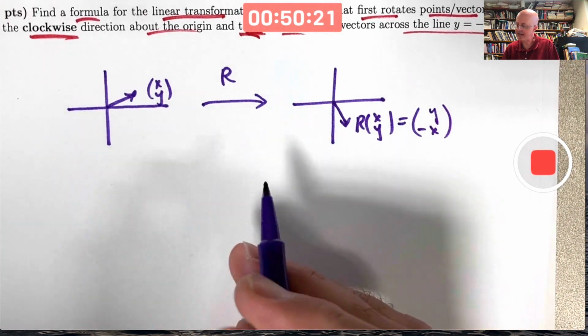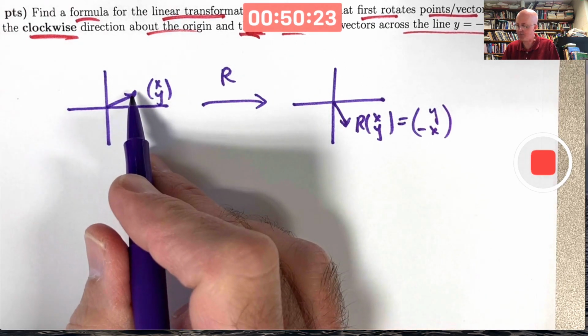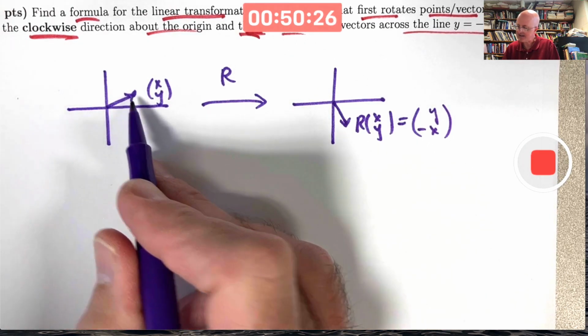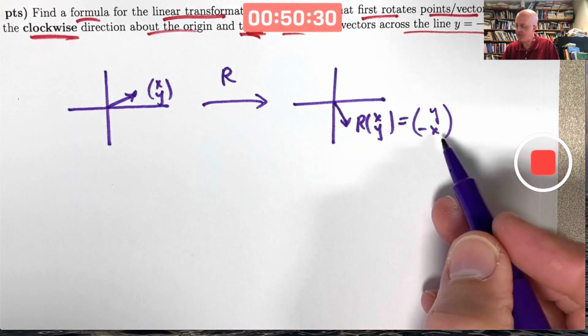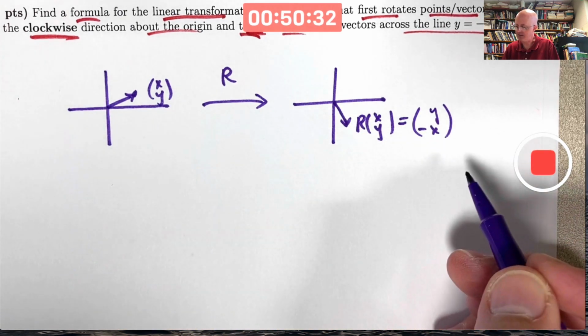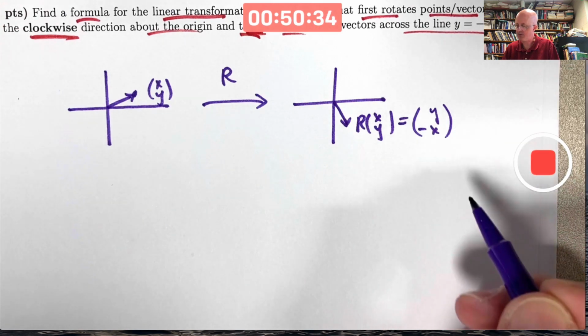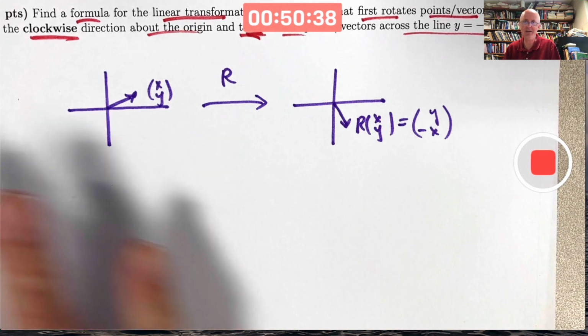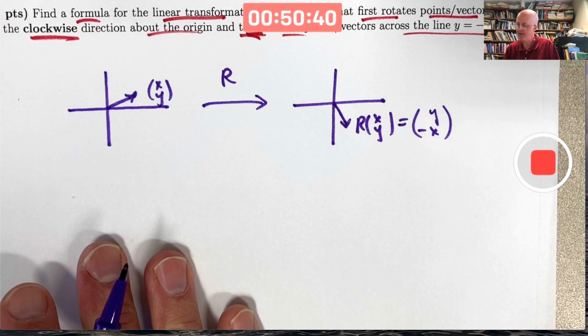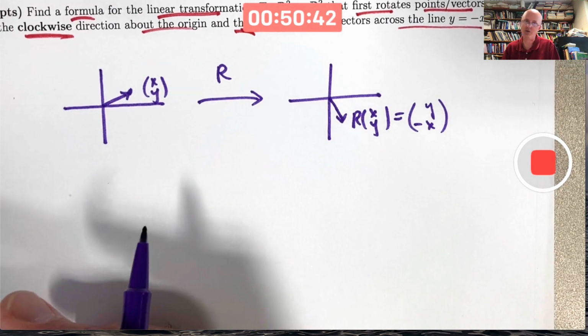And that certainly makes sense when you think about a particular vector like this. I made both components positive. In this picture, obviously, the second component of the answer has got to be negative, and the first component positive. Certainly not a proof that this formula works for any vector, but it turns out it does. You're trusting me on that.